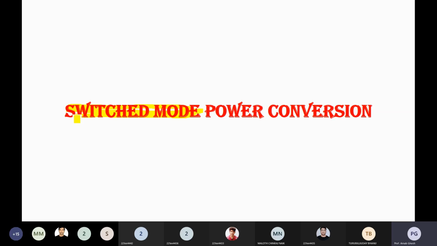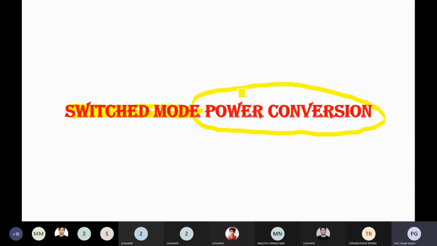Basically energy is the time integral: power multiplied by time gives the energy. Since the time is the same on both sides, input power equals output power. That's a very simple thing. That's why the power conversion terminology is there. That's the motivation for calling it power conversion.